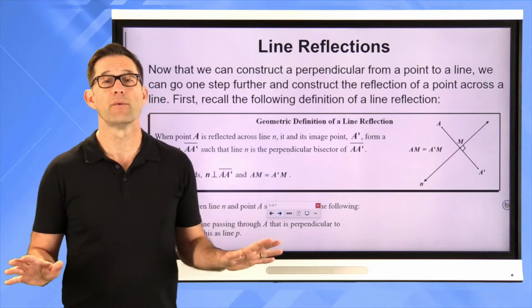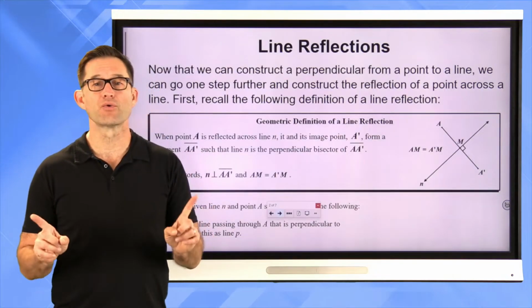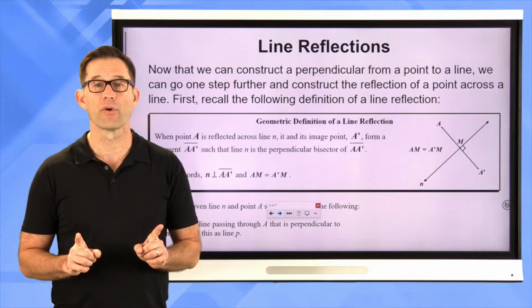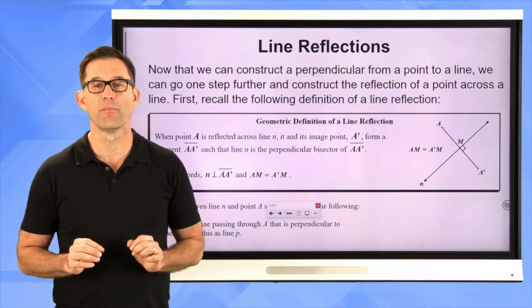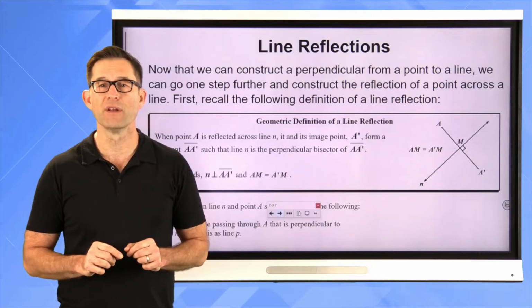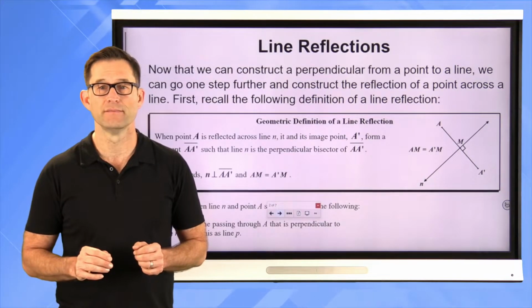All right, line reflections. Now that we can construct a perpendicular from a point to a line, we can go one step further and construct the reflection of a point across a line. First, recall the following definition of a line reflection.